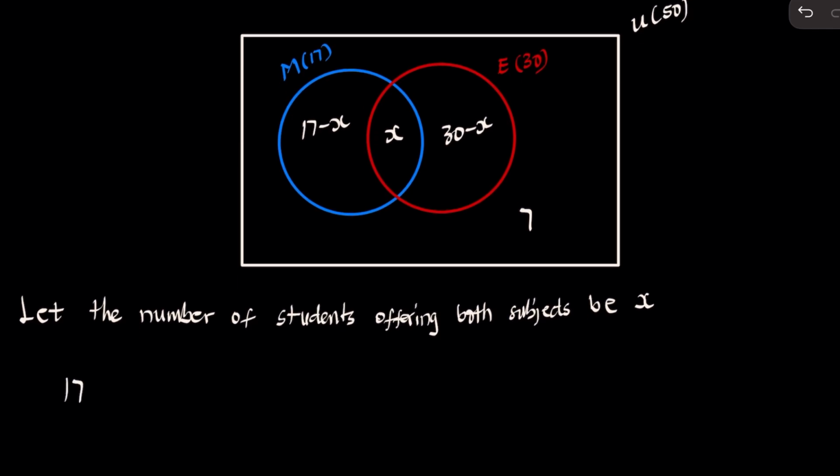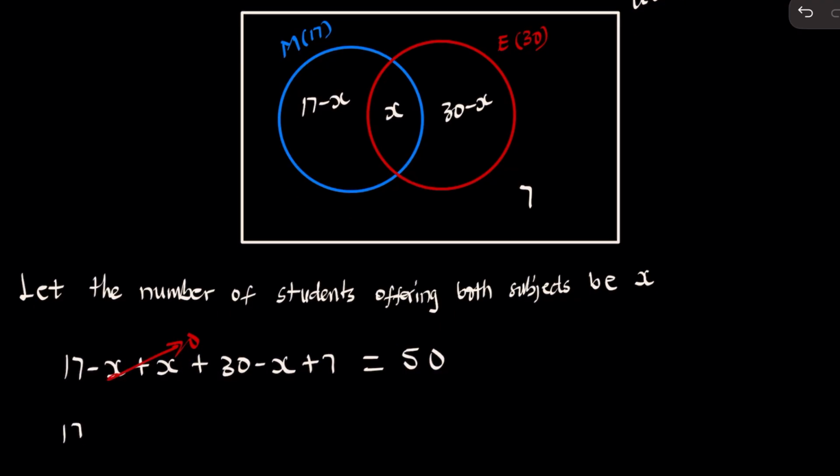Thus, we are going to have 17 minus X plus X plus 30 minus X plus 7 equal to 50. When we add all these, we should be able to get the universal set. We have minus X and plus X, and so these two go to 0.